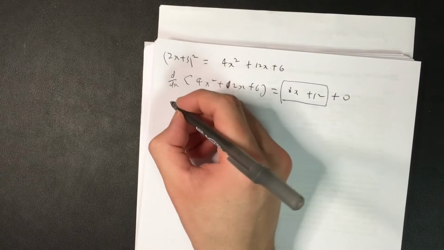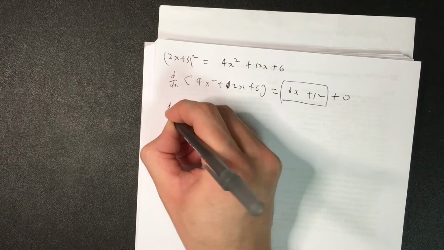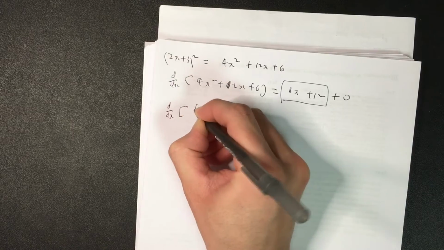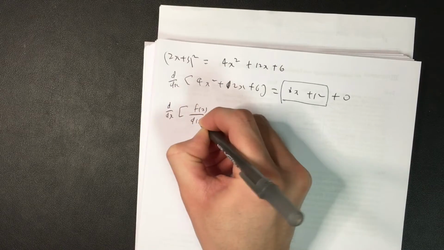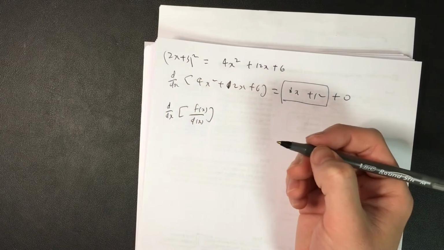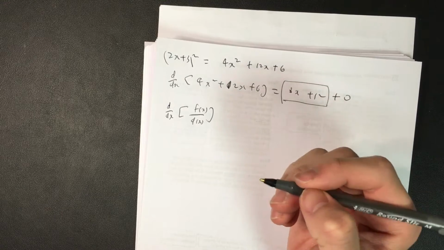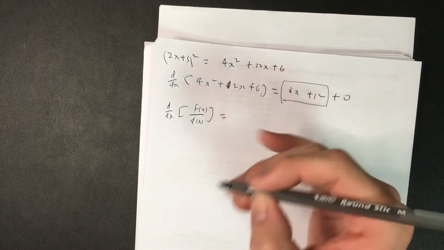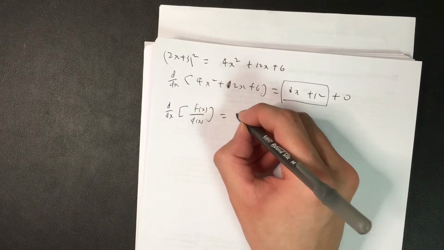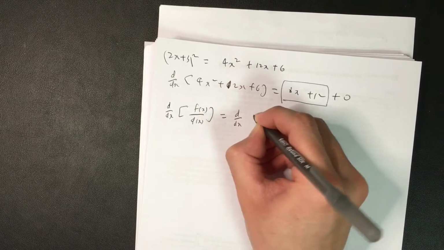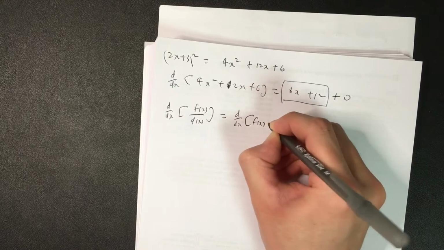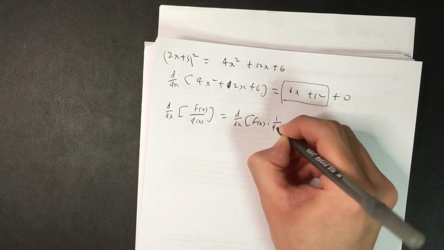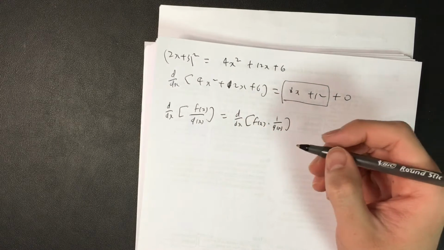Now, using the chain rule, one application is taking a derivative of the form f of x divided by g of x. This is also known as the quotient rule, which in school teachers are going to tell you to memorize. But the proof of this is that the derivative of f divided by g is in the form of the derivative of f of x times 1 over g of x.